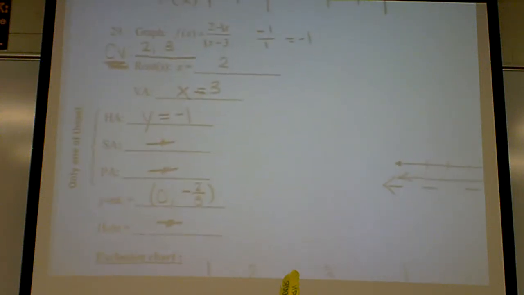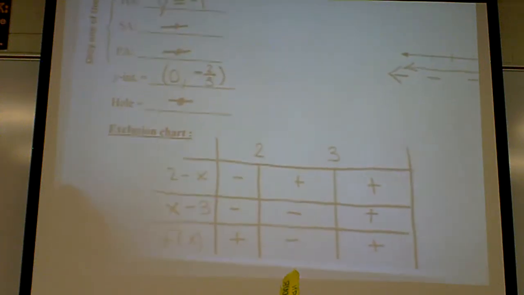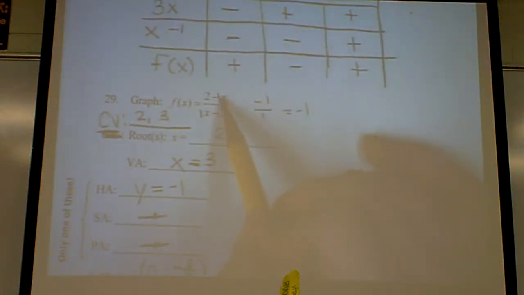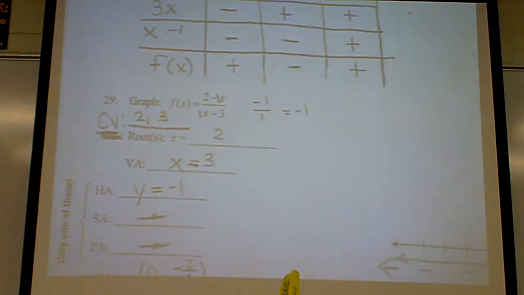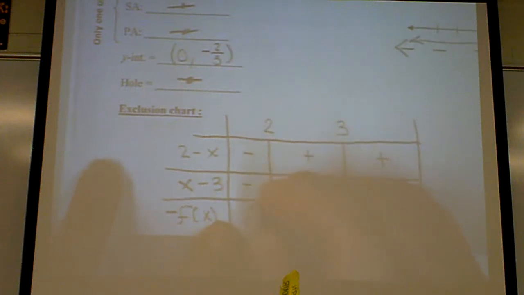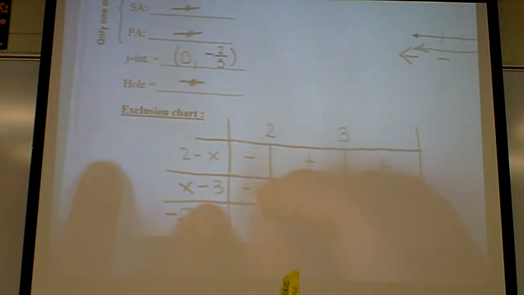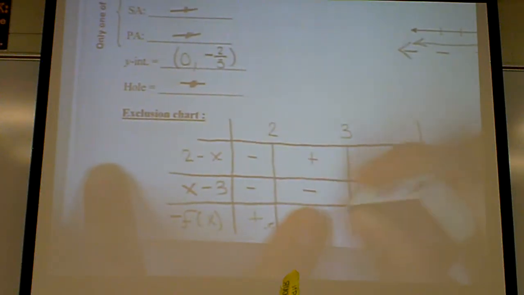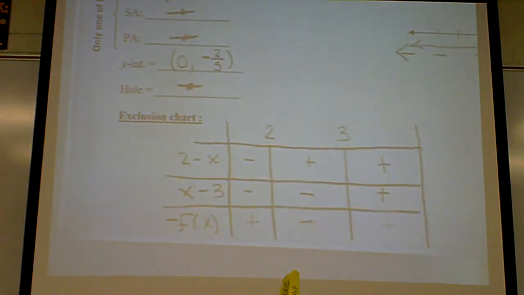Oh, you know what? These are flipped, because our leading coefficient is a negative on the top. You guys see that? So these should be the opposite. Make a note of that, everyone.